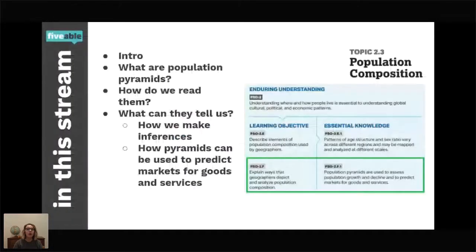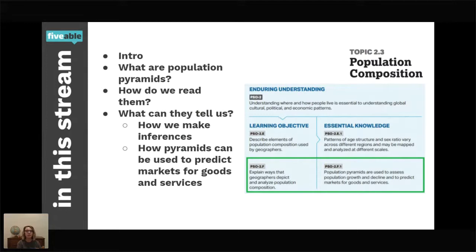All right. Our main focus tonight is population pyramids. If you're familiar with the course outline or course description that College Board provides, we are in topic 2.3, and we're focusing on how you explain the ways geographers depict and analyze population composition and how we use that population composition.